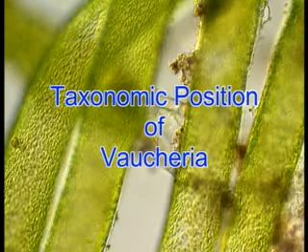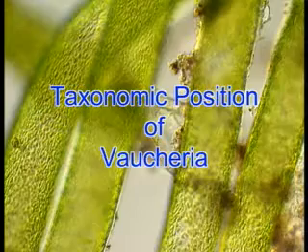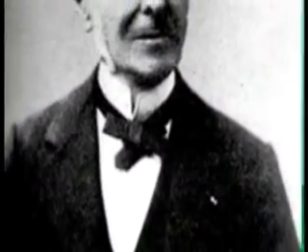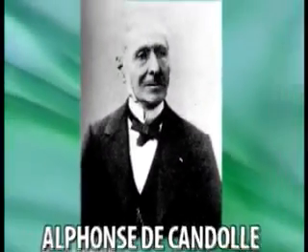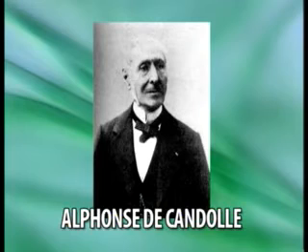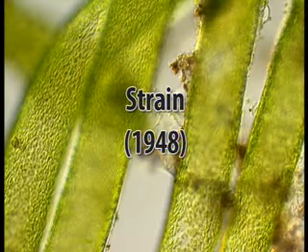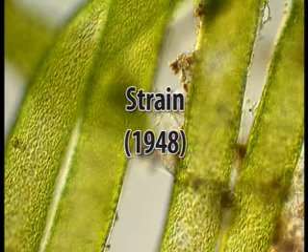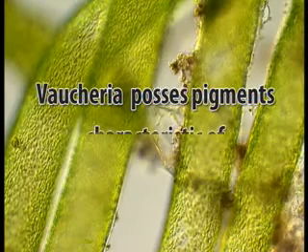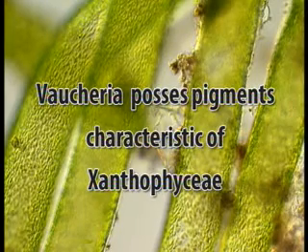Now we have the taxonomic position of Vaucheria. The name Vaucheria was first given by D.C. in 1805. Strain, 1948, made a critical study of the pigments of a few species of Vaucheria and came to the conclusion that they possess pigments characteristic of Xanthophyceae.